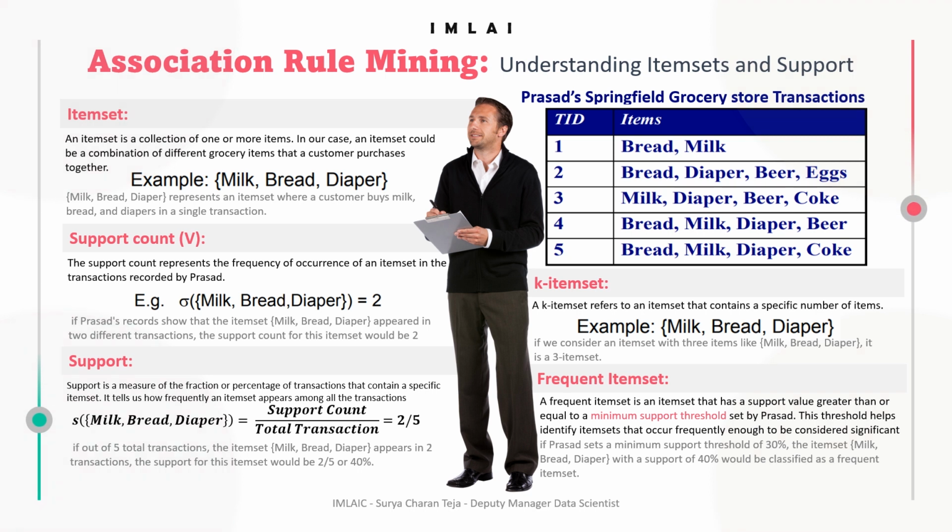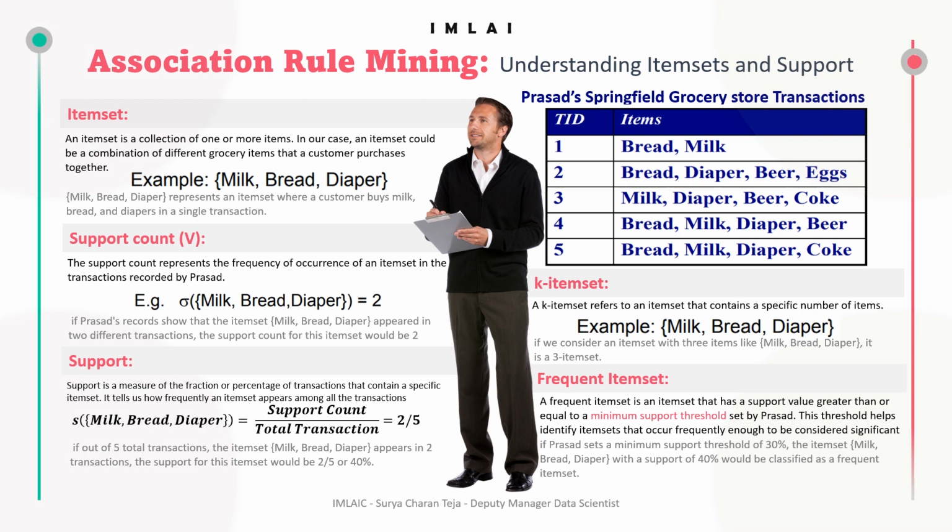The support count and support help him determine how often an item set appears among all the transactions. Prasad is particularly interested in frequent item sets, which are item sets that occur frequently enough to be considered significant based on a minimum support threshold he sets.